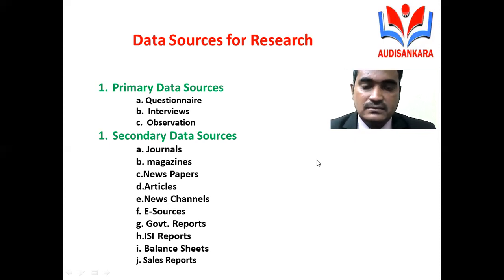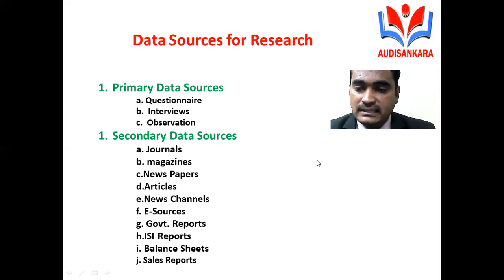In fact, the research will start with a problem identification. When we properly identify a problem, followed by the review of literature, followed by objectives preparation, followed by the research design, and followed by the sampling design, ultimately you need to come to a particular point.